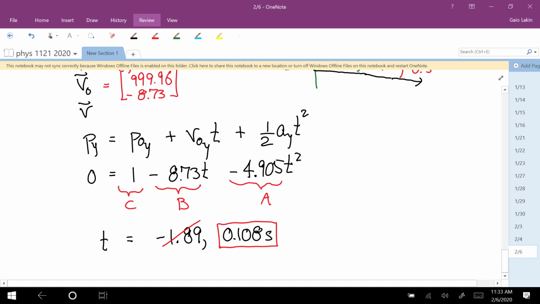Look at what this would be as a one-dimensional problem, and it'll help you make sense out of that huge change in the amount of time it takes to hit the ground. The equivalent in one dimension to this is something that started at a height of 1 meter and was initially thrown down towards the ground at 8.73 meters per second. So like about 20 miles an hour from a meter in the air.